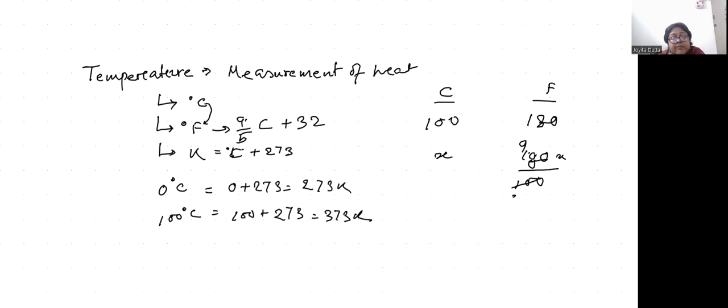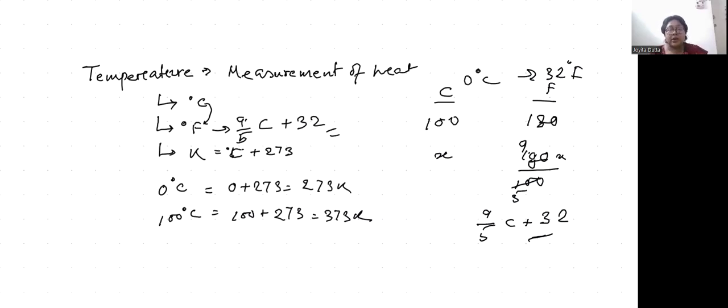So I have 9 by 5 C, and plus 32 because at 0 degrees Celsius, Fahrenheit is 32 degrees. Hence, Fahrenheit is 9 by 5 C plus 32. Questions may come to convert from one form to another, so that can be practiced.